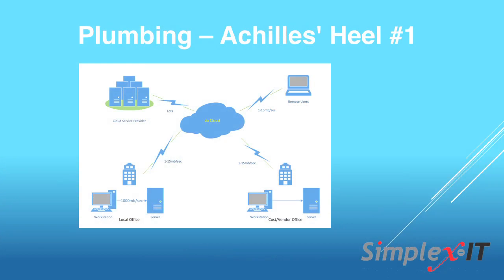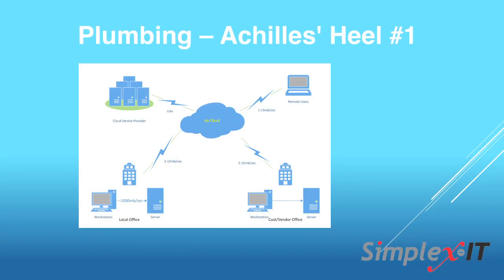I want to go over a couple of the Achilles heels one more time as far as implementation goes. If you currently have an Exchange server on-premise, your email is essentially all around here, going between your server and your workstation, which means it's traveling at about 1,000 megabits per second.